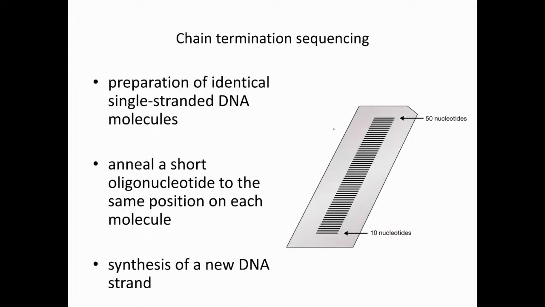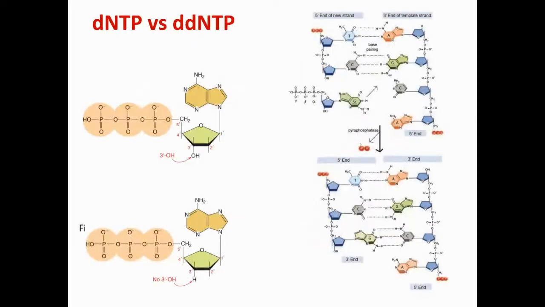Okay, and this is a typical result that people in the old days could see for chain termination sequencing, and then you try to decode the DNA sequence. The basic principle for chain termination sequencing is here.